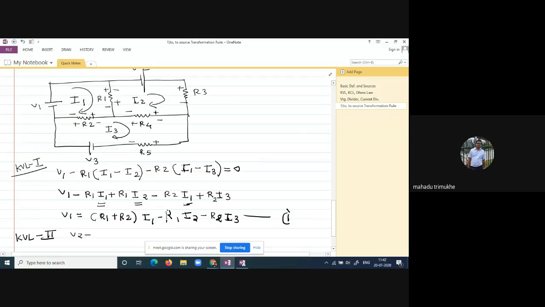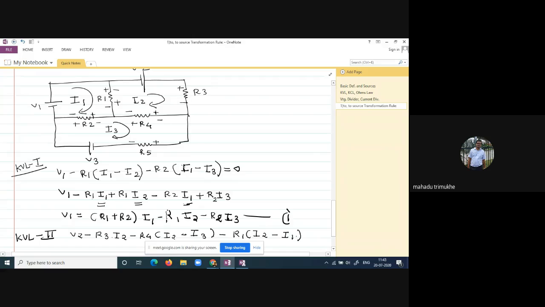Here V2 minus R3 I2, minus R4 I2 minus I3, minus R1 I2 minus I1.